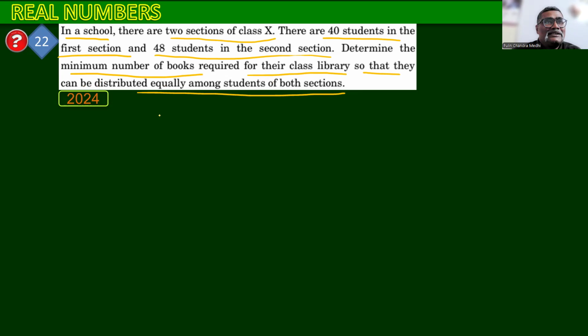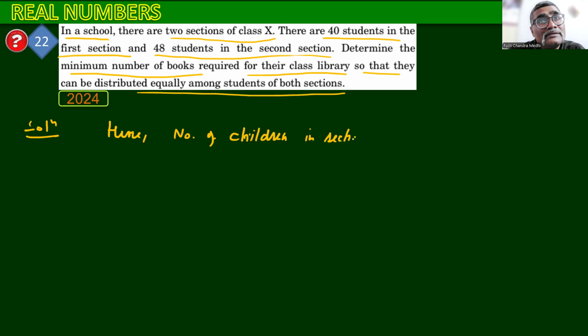That is the number of books. So what can I write? I'll write here the proper statement of the solution. Number of children in section 1. There is no mention of section A or B. So section 1, the first section, is equal to how much? 40.